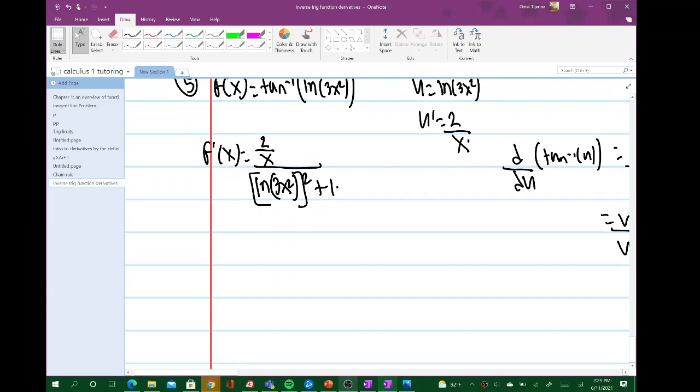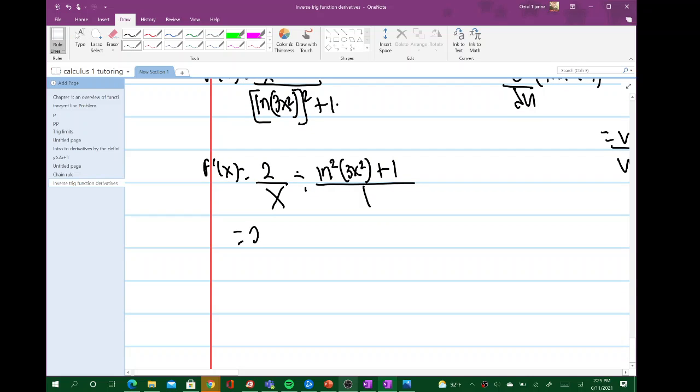And then this is going to equal 2 over x divided by ln squared of 3x squared plus 1 over 1.